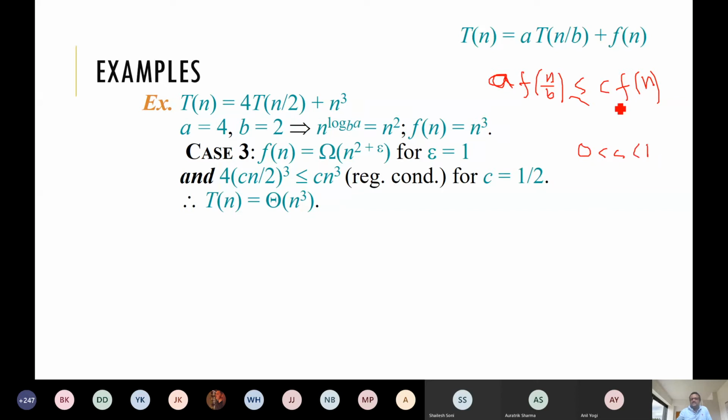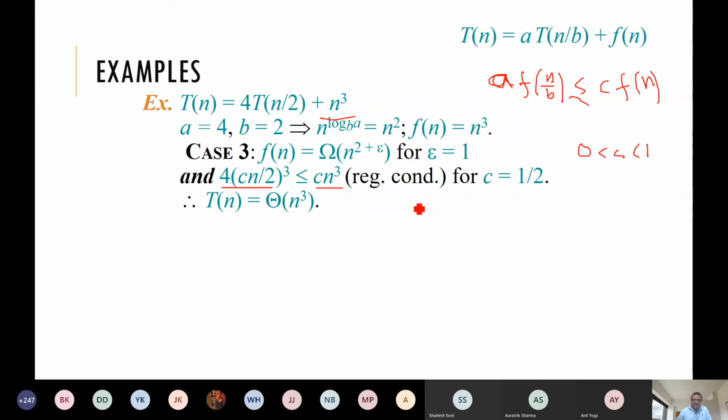Now a is 4, b is 2, and f(n) is n cube. So we are trying to simplify this.